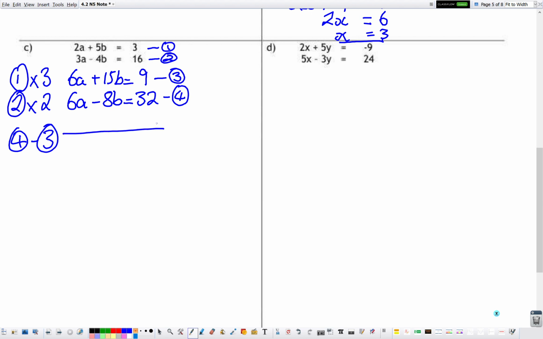So if we do 6a minus 6a, that's eliminated, it equals 0. Minus 8b minus 15b, that's maybe a bit trickier doing it that way, but it will still work out. Minus 8 take away 15 is minus 23b.